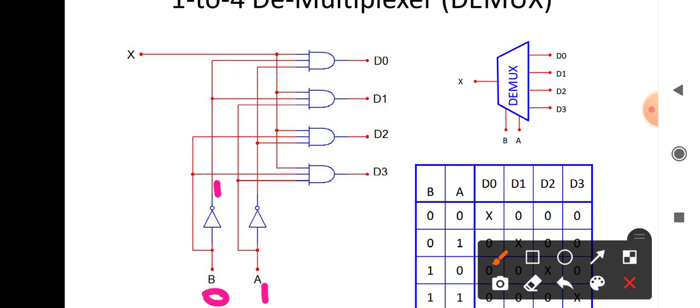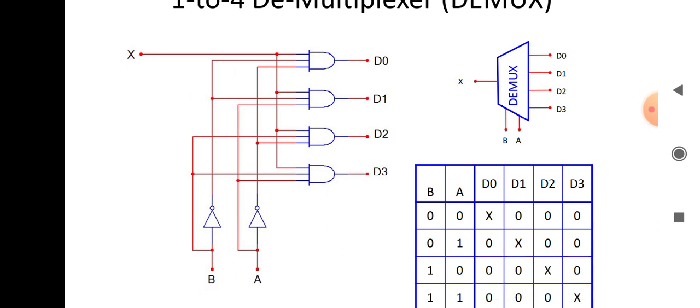For D1, one gate should be connected to B complement, which we have done, and the other should be connected to A, which we have already done. The other input should be connected to X. The X input will always be high. The complement value 1 is also high. So D1 is high.